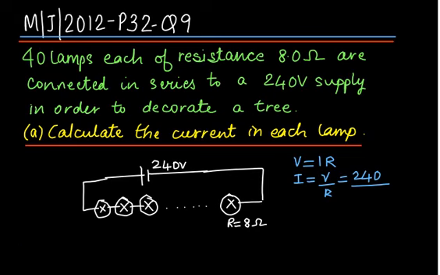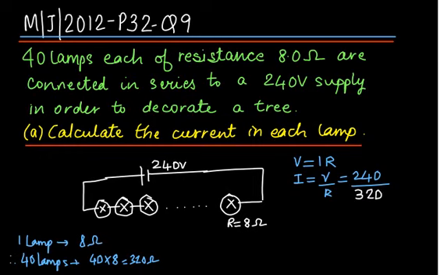So if one lamp has a resistance of 8 ohms, how many lamps do we have? 40 lamps. So if I find the resistance of 40 lamps, that is equal to 40 into 8, which is equal to 320 ohms. That means the total resistance will be 320 ohms. I'm writing this in a different color.